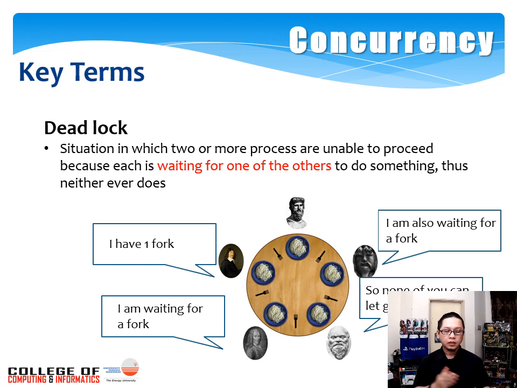Because each of the philosophers needs two forks, remember? All of them cannot do the eating process because all of them are waiting for the other fork in order to do the instruction of eating. And because there is no enforcement by the waiter or the dispatcher here, the processes, or in this case the philosophers, will wait indefinitely and all of them will be deadlocked, and eating cannot continue.